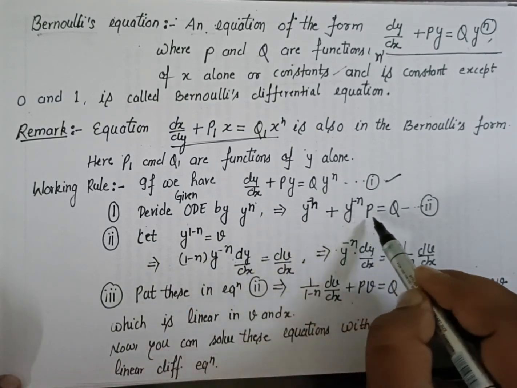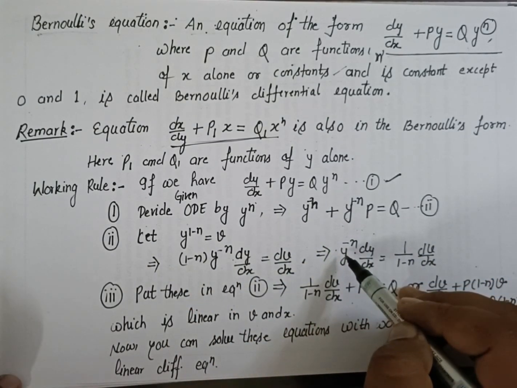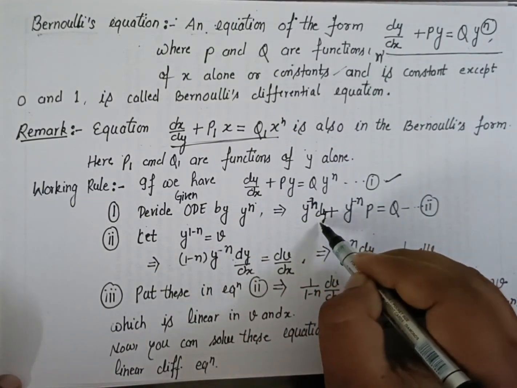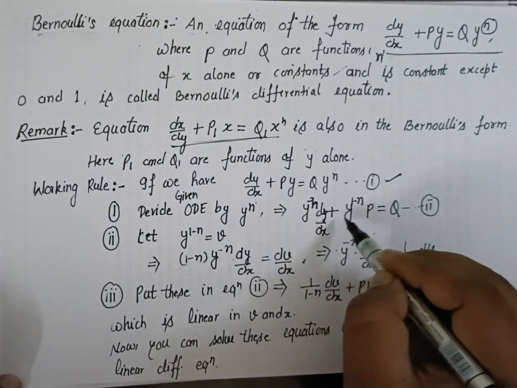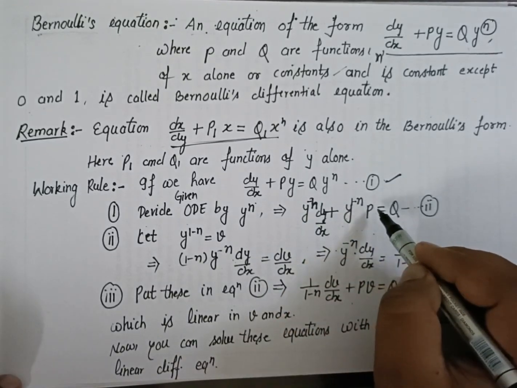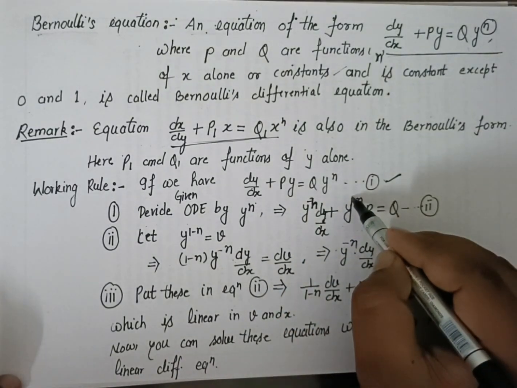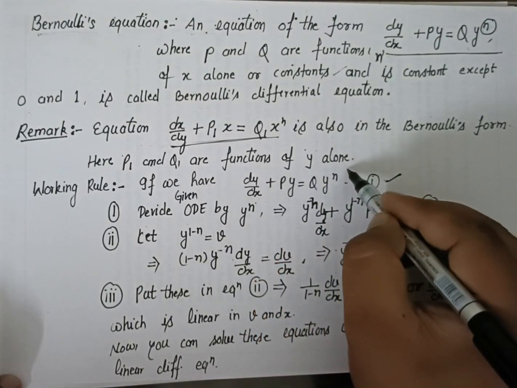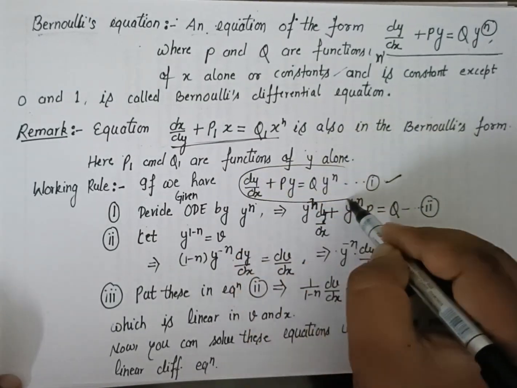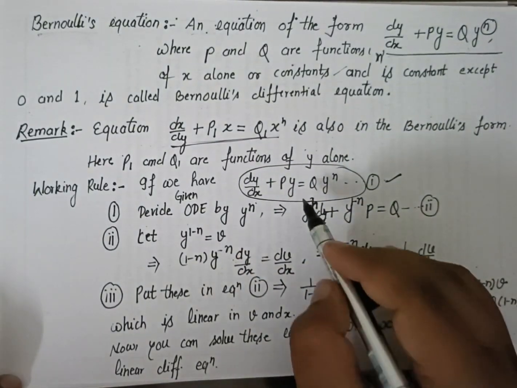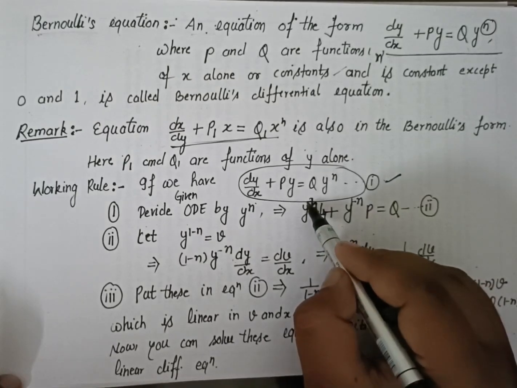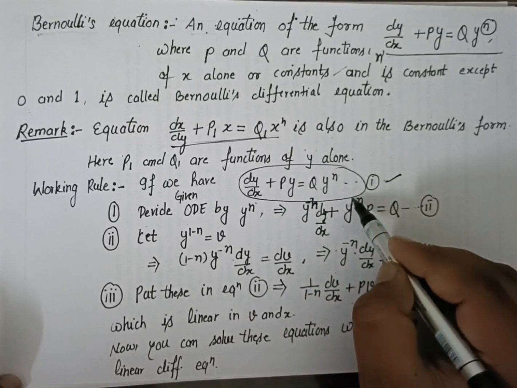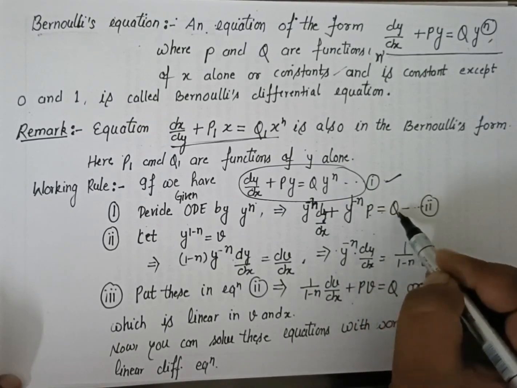After dividing by y^n, we get y^(-n) dy/dx + y^(1-n) p = q.